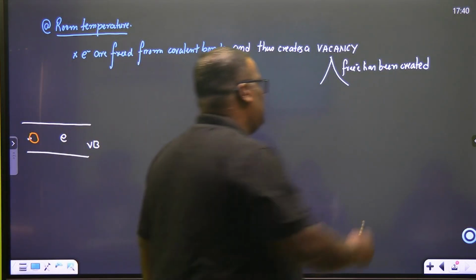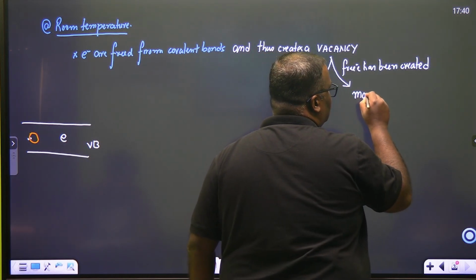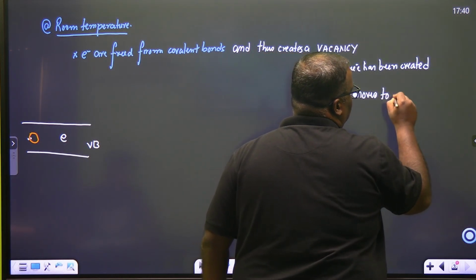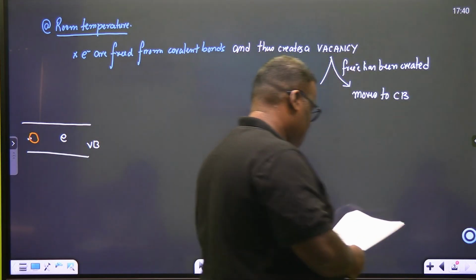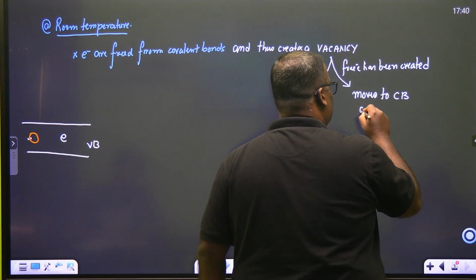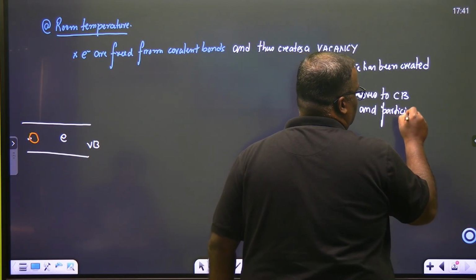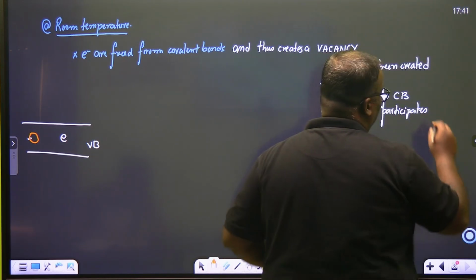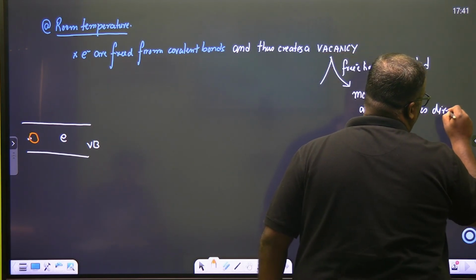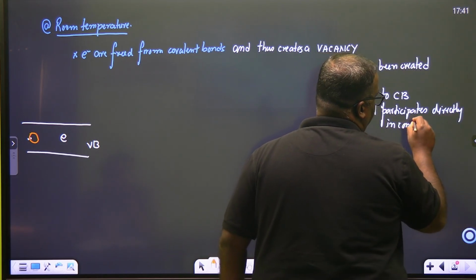Now, one of the easiest things that we know as per an analogy is that it moves to the conduction band and participates directly in conduction.